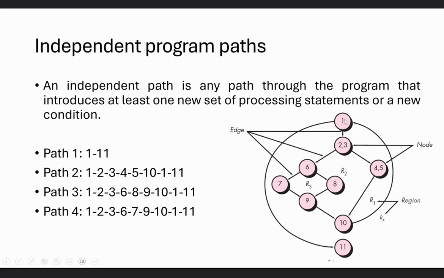Starting from 1, we can directly go to 11. So 1, 11 is one path. 1, 2, 3, 4, 5, 10, 1, 11 is another path. 1, 2, 3, 6, 8, 9, 10, 1, 11 is another path, and 1, 2, 3, 6, 7, 9, 10, 1, 11 is another path. So there are these 4 independent paths present in your program.